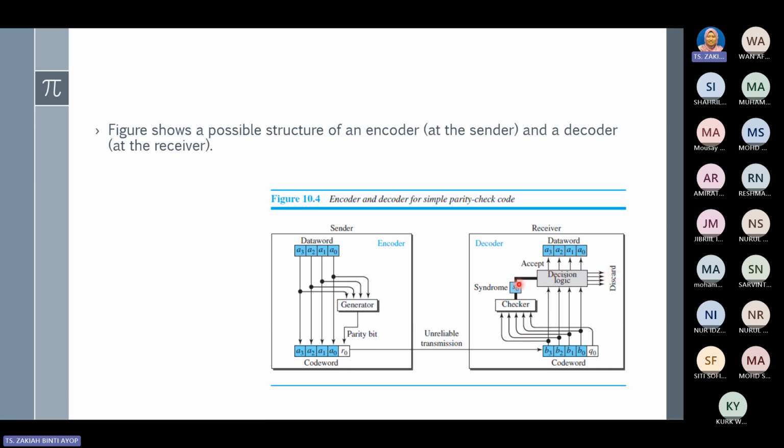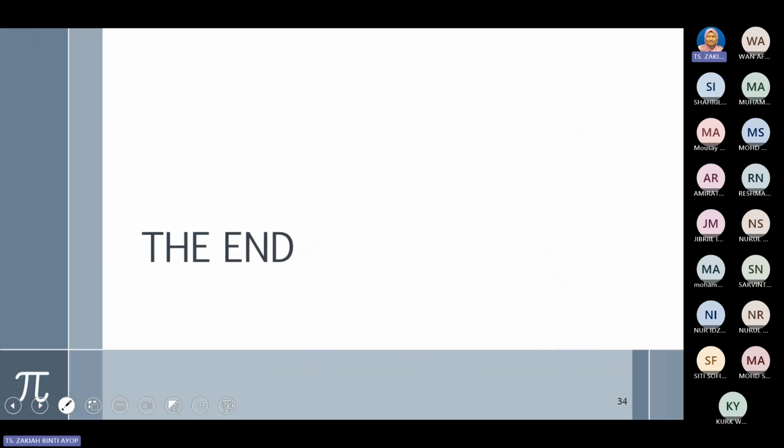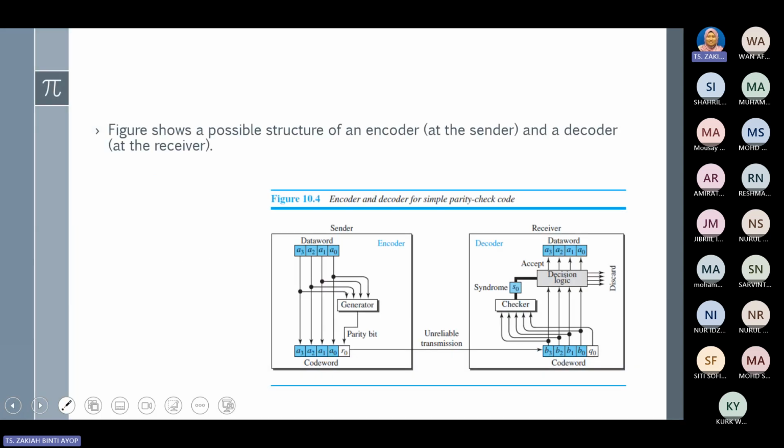But if the syndrome is equal to 0, then the data word will be accepted. They remove the q0, the parity bit, so what's left is only the data word.